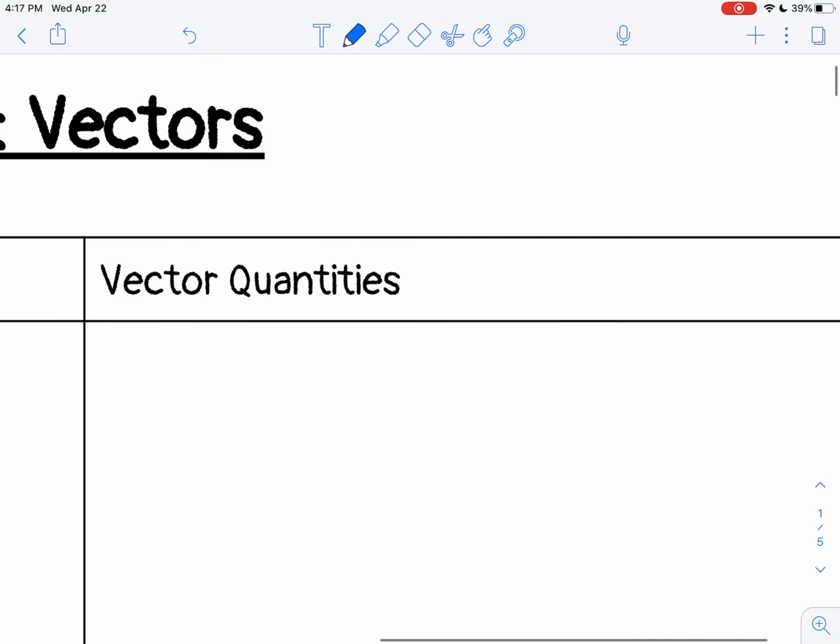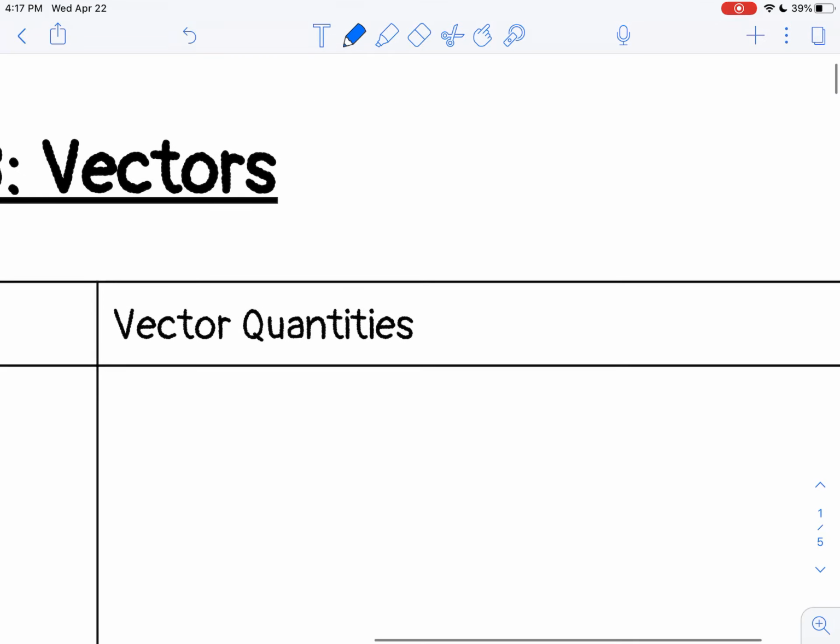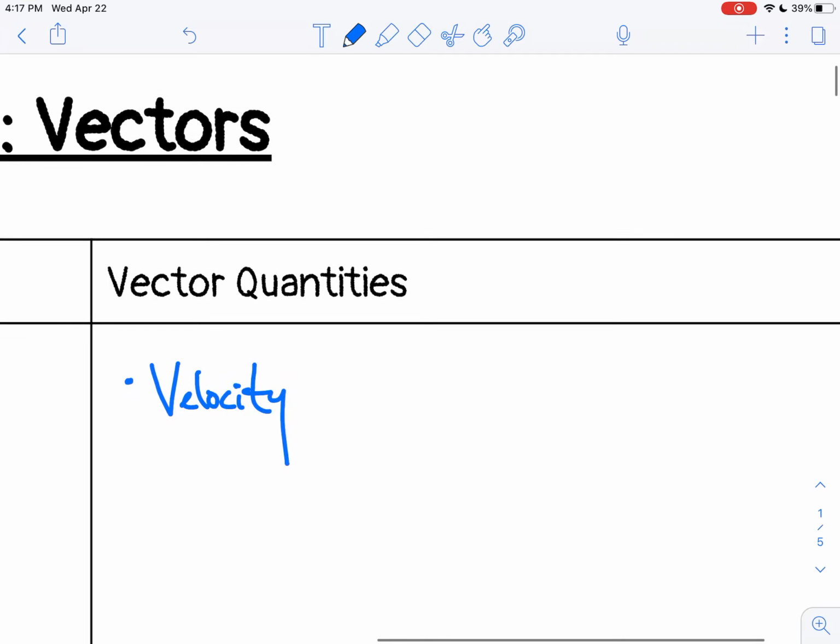But what's different about vector quantities, so a vector quantity could be something like velocity or force.